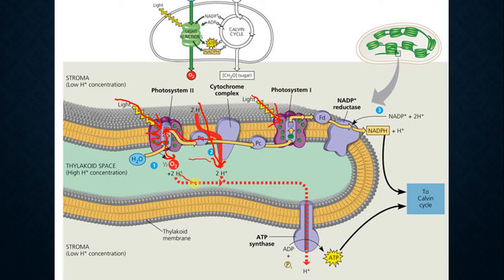That gradient then flows through ATP synthase, chemiosmosis, to produce ATP that we're going to use later in the Calvin cycle.